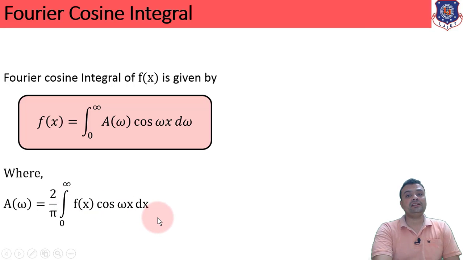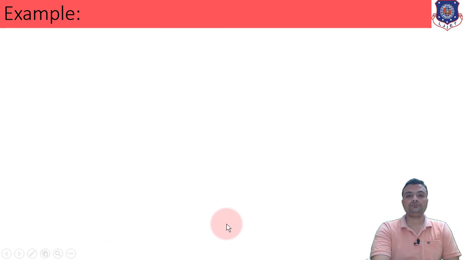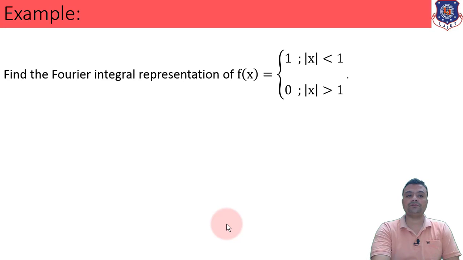You can see clearly in case of Fourier integral, general case, it was 1 over pi, integral from minus infinity to infinity of f of x cos omega x dx. But here we considered 2 upon pi, integrating from 0 to infinity, by assuming that this function is even by nature.